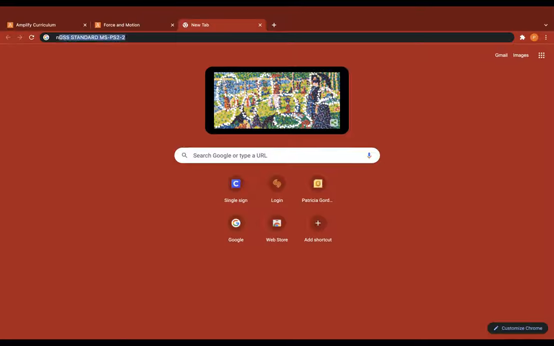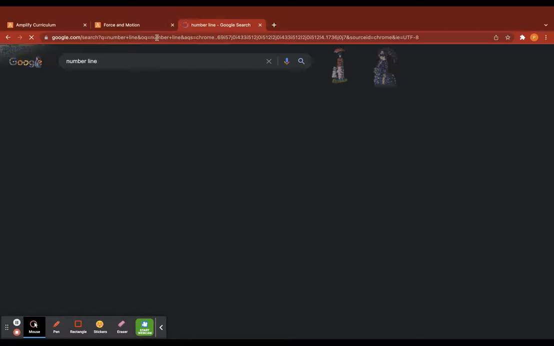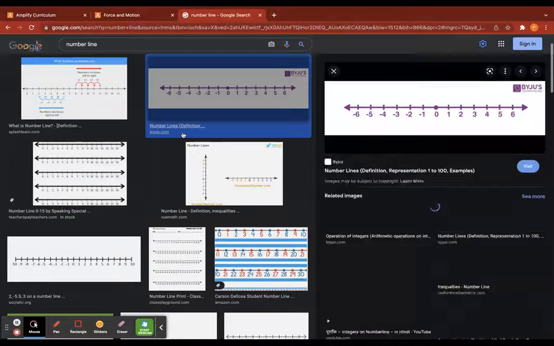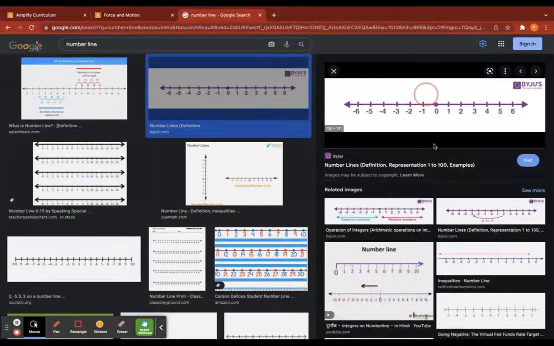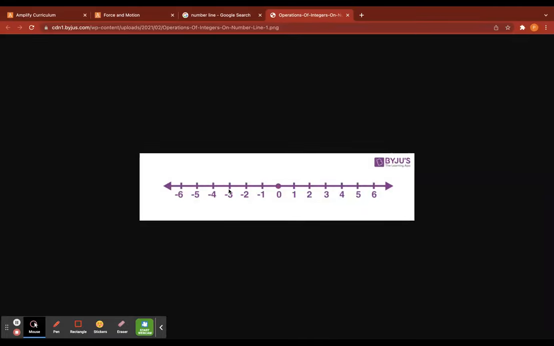Let me look at a number line real quick. If I go from -3 to +2, that is 1, 2, 3, 4, 5 steps.